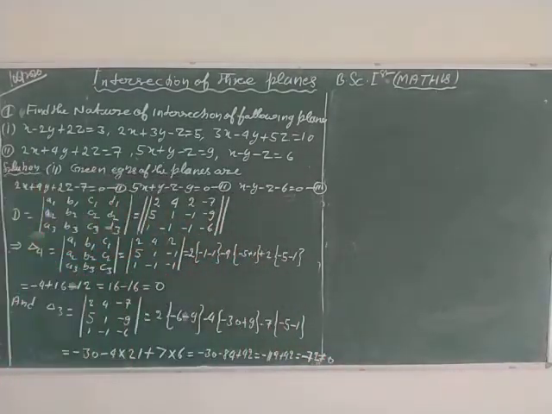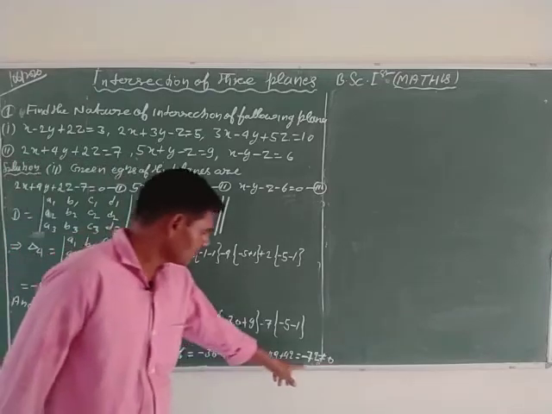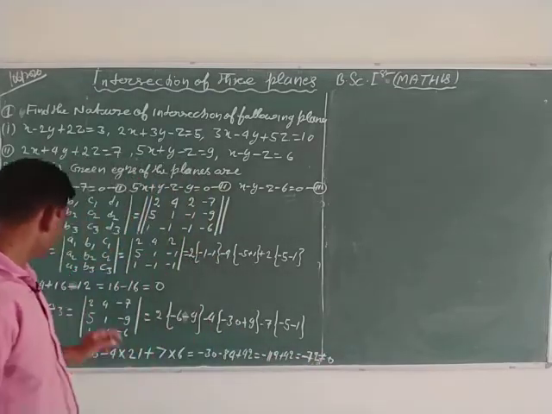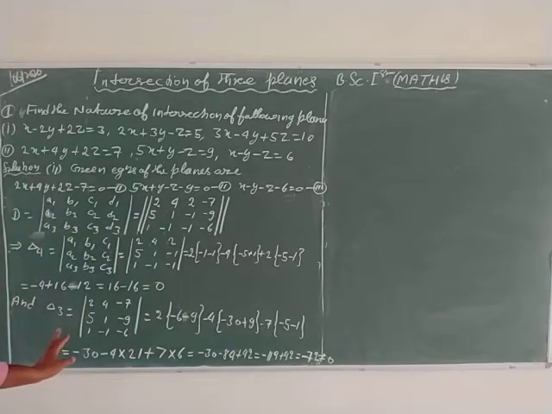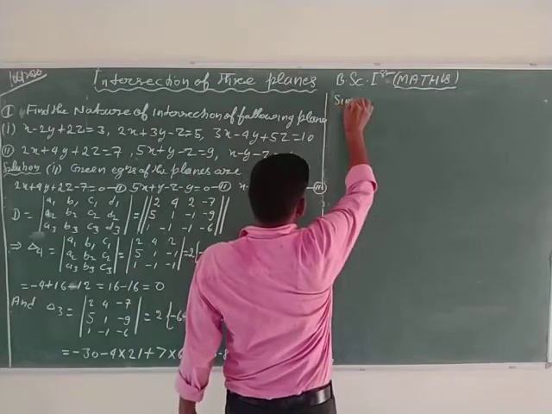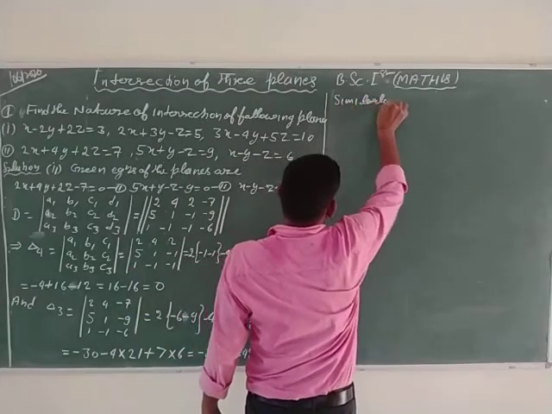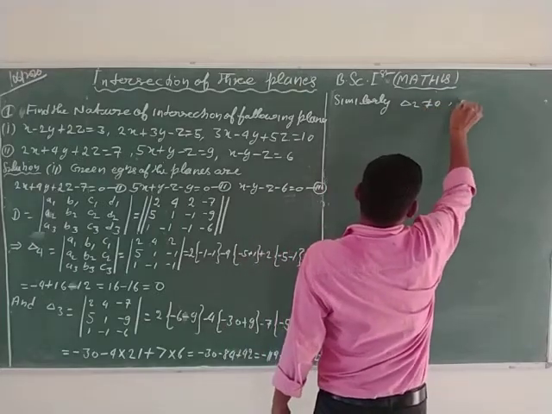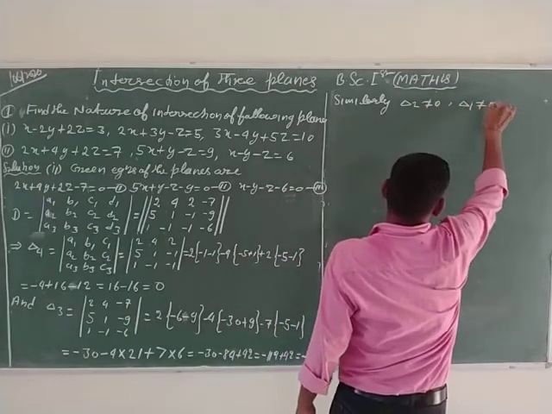So it is clear that the value of delta 3 is not equal to 0. Similarly, you can show that in this case delta 2 and delta 1 are also not equal to 0.